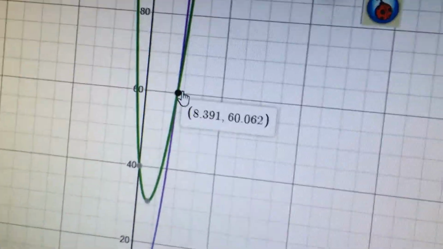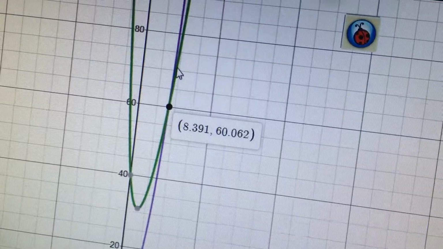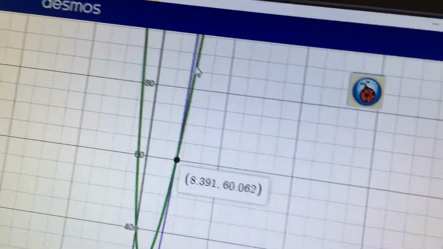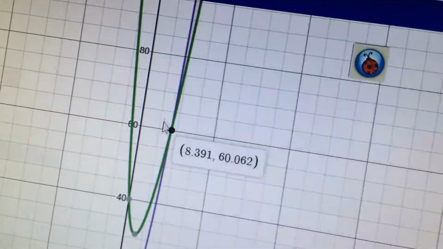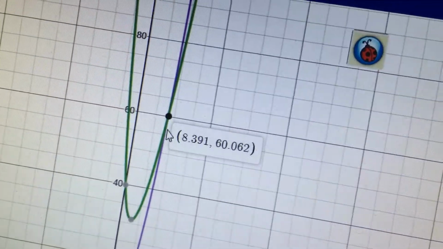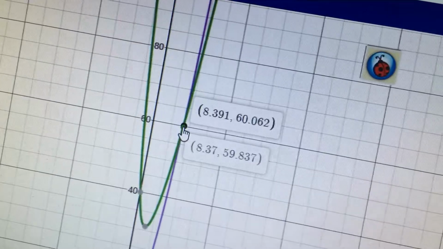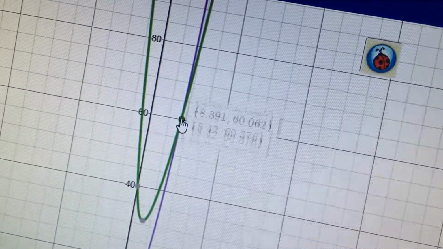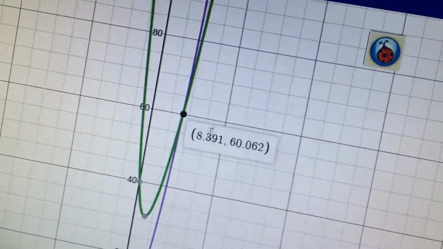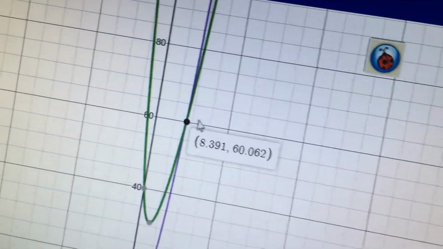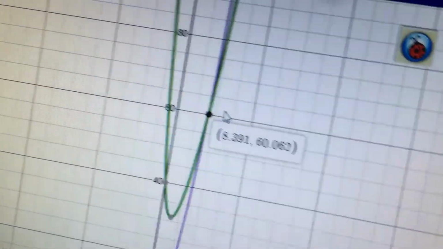Starting at this point, which one gets bigger? The purple one is getting bigger faster. So if I go below this, which one is bigger? The green one. So it has to be past. It can't be 8.3. It has to be even bigger than that. 9. Okay? And that was a horrible explanation. I'm sorry.